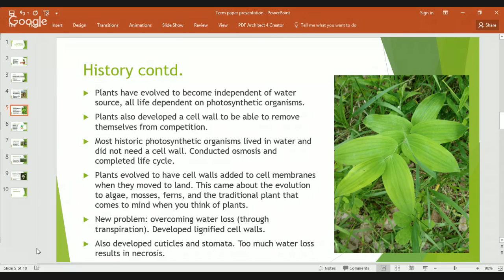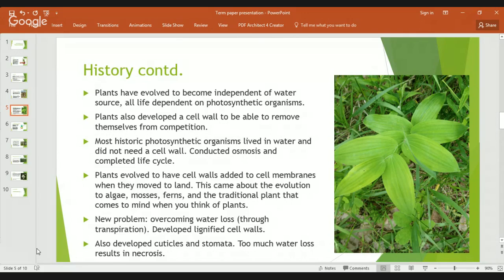So there are many reasons for this. Like I said before, the protection, and then they could grow taller. And then there's a new problem with these new cell walls: overcoming water loss, because before these cells were just in water and they did osmosis. So some of these plants developed lignin, and you can see this in many trees like the redwoods today, or pretty much any tree.